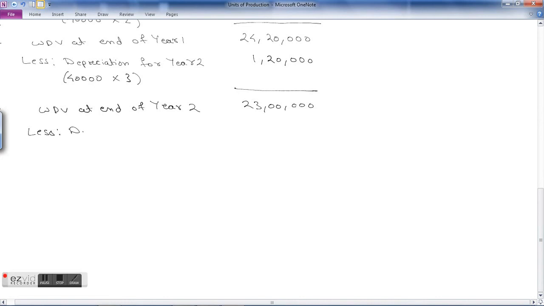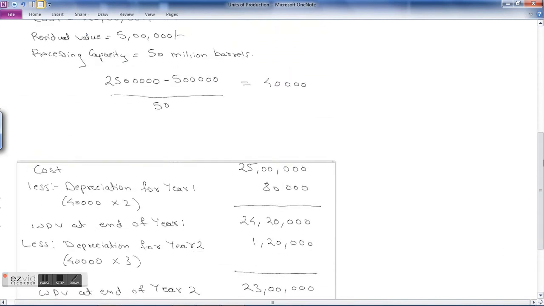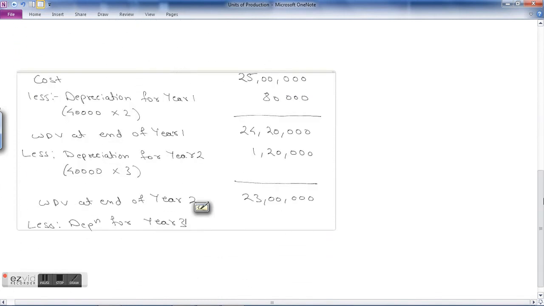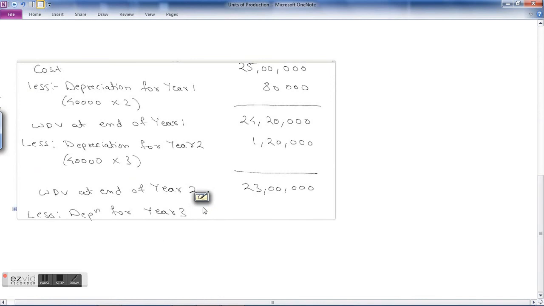Then less depreciation for year 3. So let's see what is the capacity produced in year 3. Year 3, 5 million barrels are produced or processed. So depreciation will be 40,000 into 5.